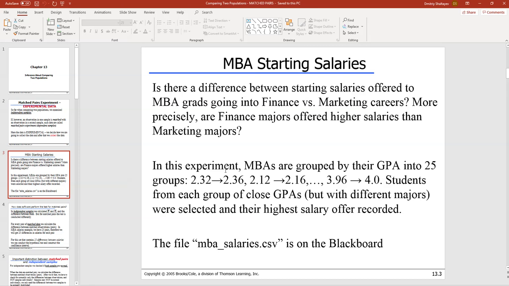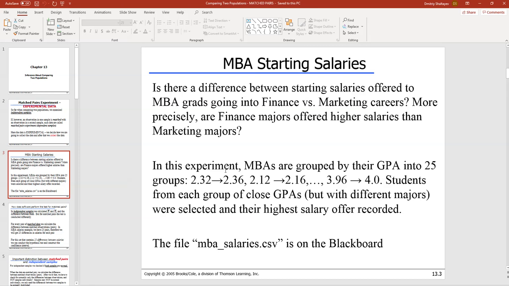So when we're discussing salaries of MBAs, two things can be at play. One is the difference between MBA with finance versus MBA with marketing, the field by itself. The second factor is GPA. It's possible that a person with higher GPA will be offered a higher salary regardless of their concentration.